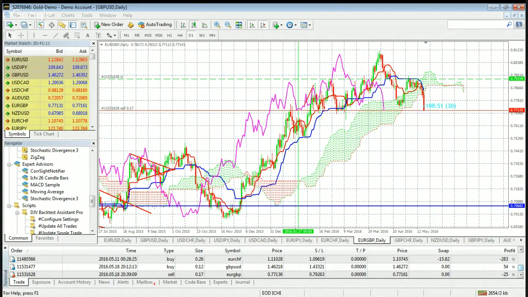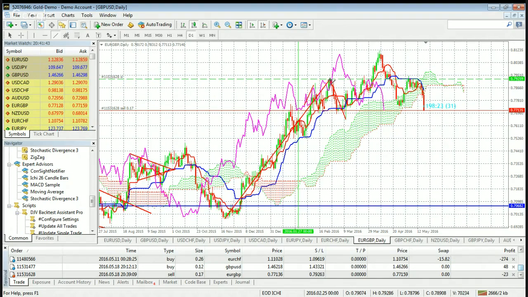This is exactly what has happened on one of our other trades, just the other way. Check here. Price going up, nice and strong, then a nice strong little pullback.